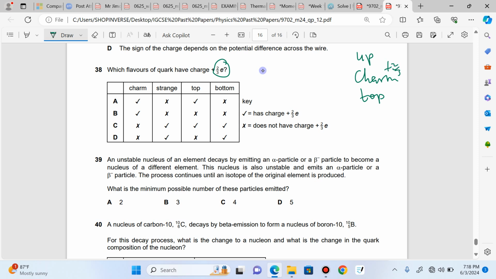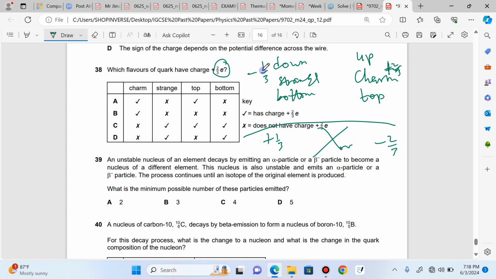Take note that a quark can have either +2/3 charge or -1/3 charge, while an antiquark can have a charge of +1/3 or -2/3. That's for antiquarks. We leave this aside. Quarks that have a charge of -1/3 are the down quark, the strange quark, and the bottom quark.